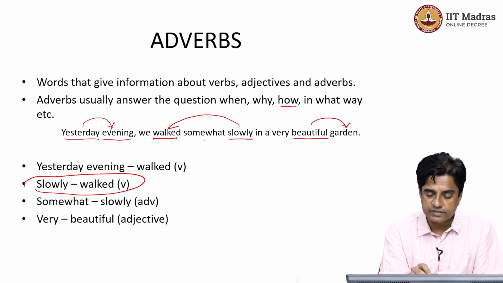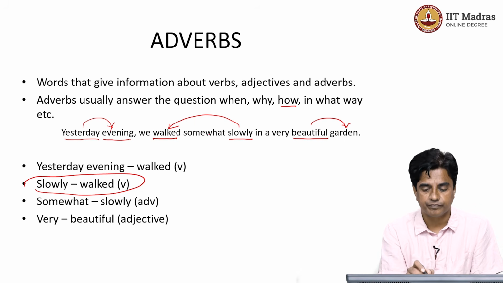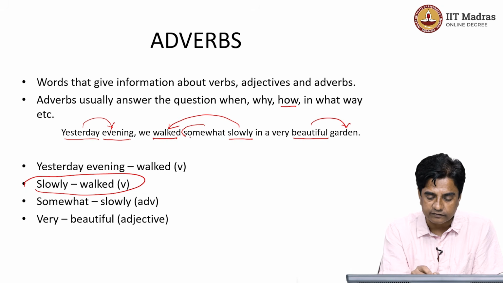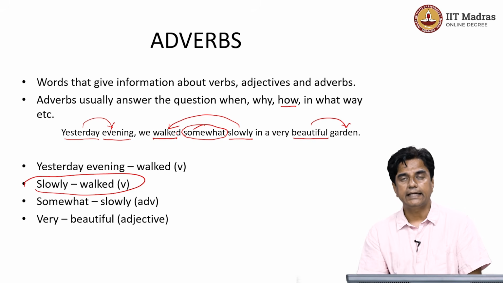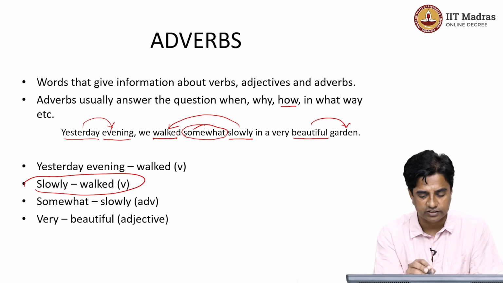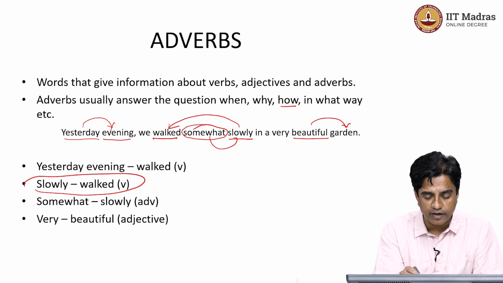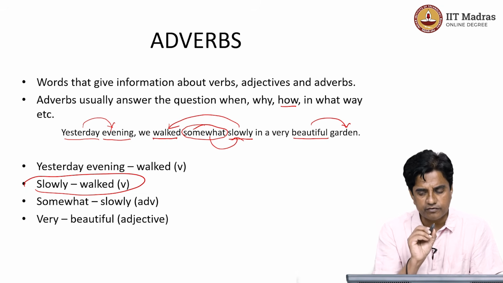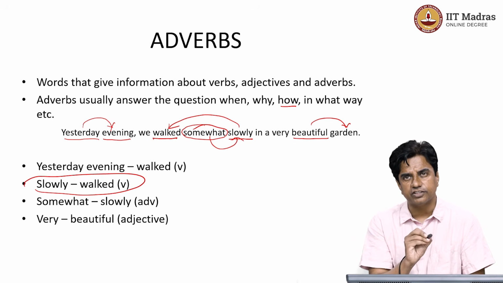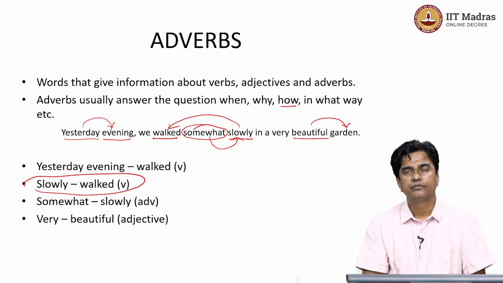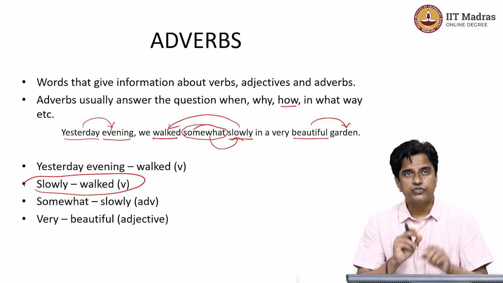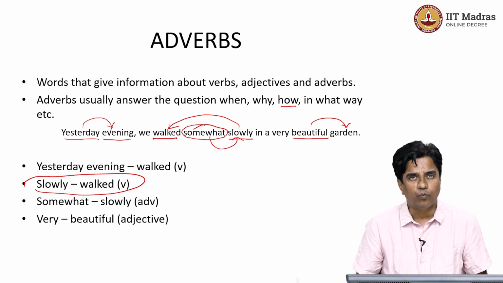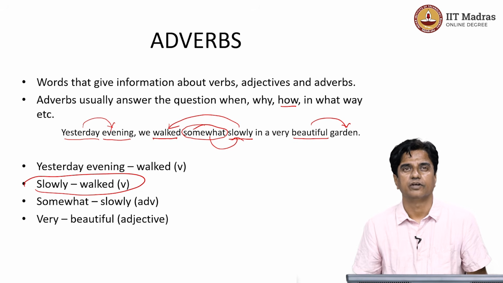Now, when you see somewhat slowly, what is somewhat? It has an adjectival function which tells you a little bit more about slowly. So it's not an ordinary slowly, it's a somewhat slowly. So it serves an adjectival function for modifying adverbs. On top of that we have written that adverbs give information about verbs, adjectives and also adverbs.